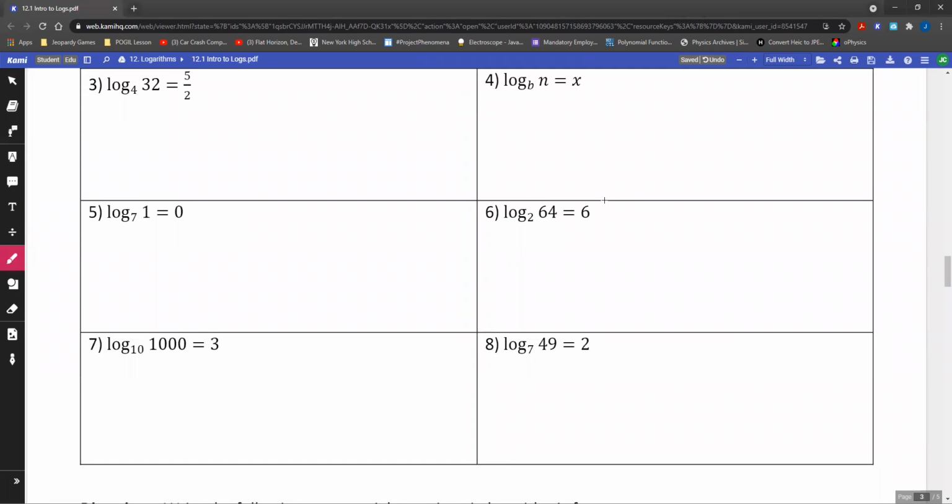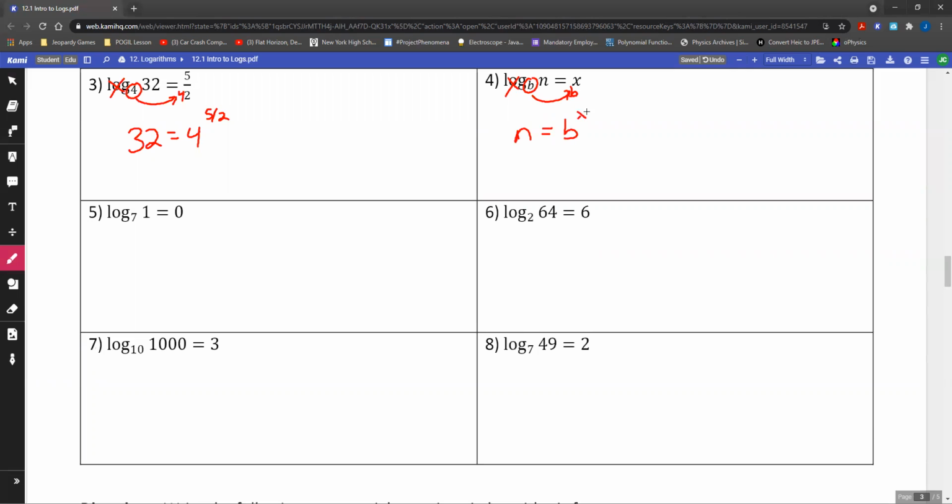All right, number 3, 4 is our base. It gets moved over to here. The log drops, so I'm left with 32 on one side, 4, and then I want to be careful, the exponent is 5/2. So that whole exponent is still there. All right. My b term is my base, so it gets moved over here. So I drop my log, left with an n.